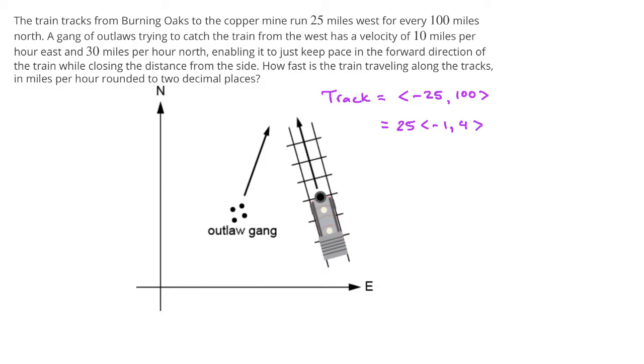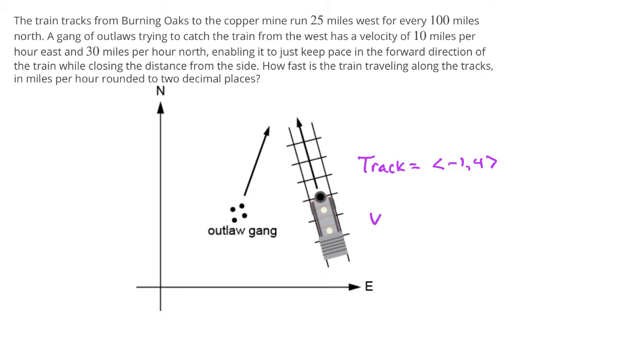The 25 really is just a scalar that's not necessary, it just makes the components a little bit bigger, and so we don't need to worry about that much. So for the most part, we can take the direction vector for the track to be negative 1, 4.